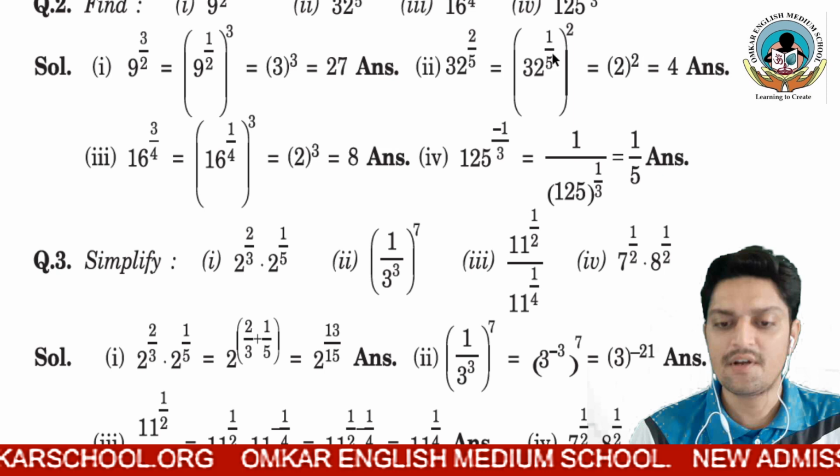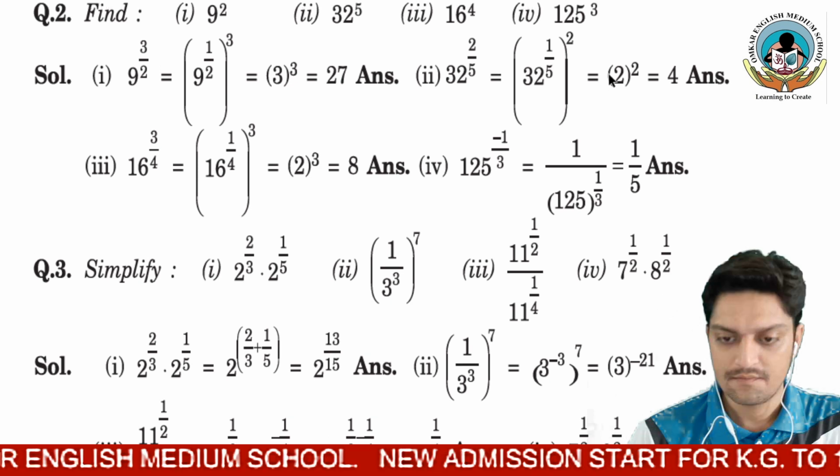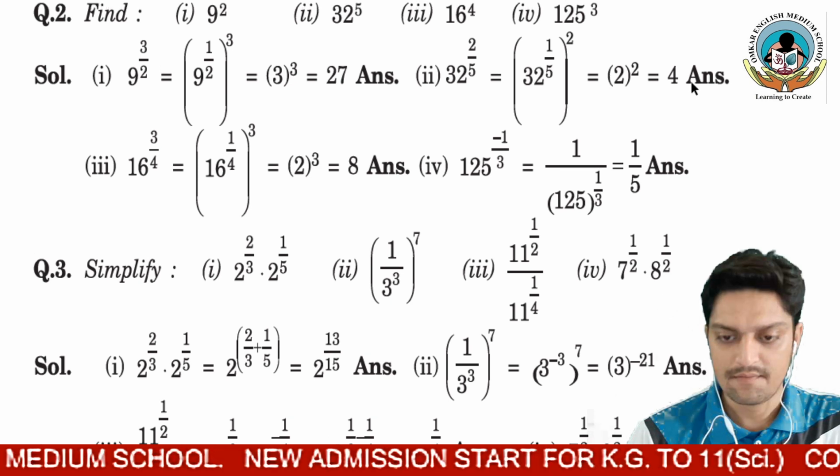So the fifth root of 32 is 2, and 2 squared is 4. So that is your answer.